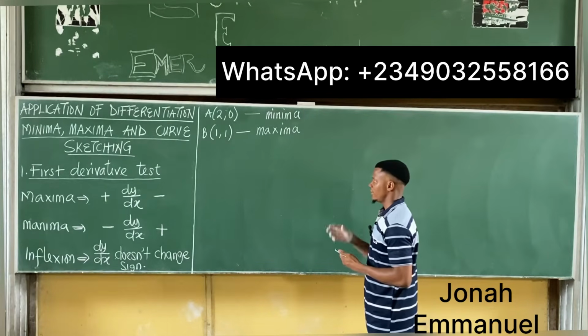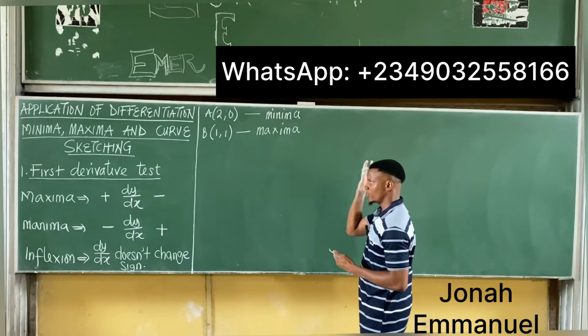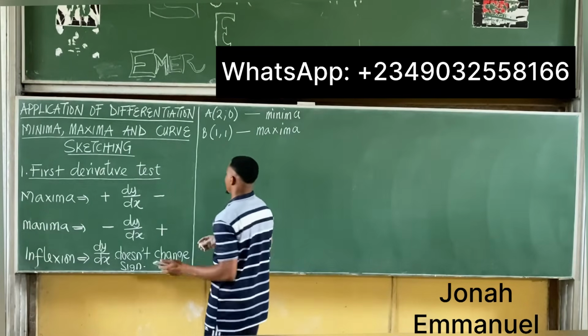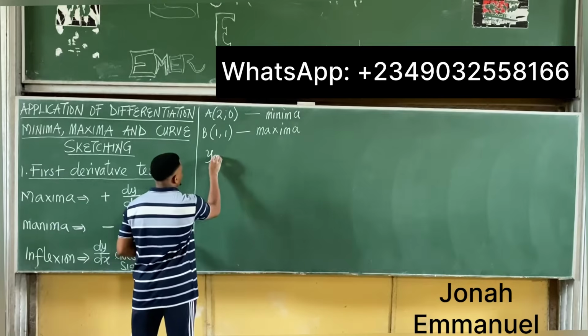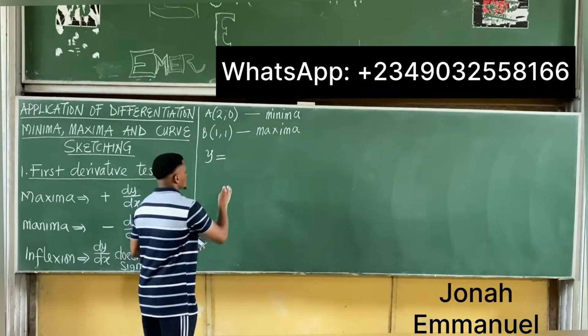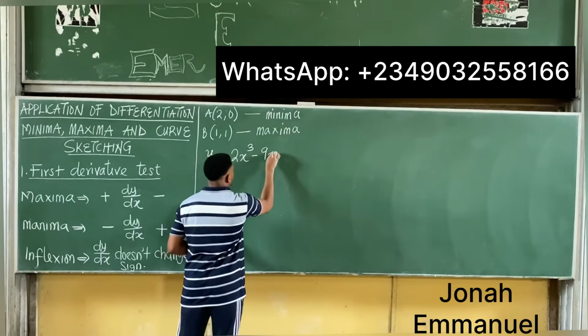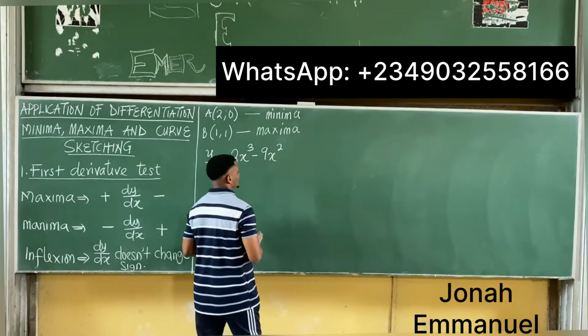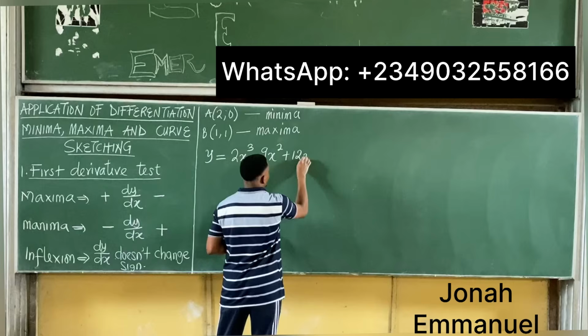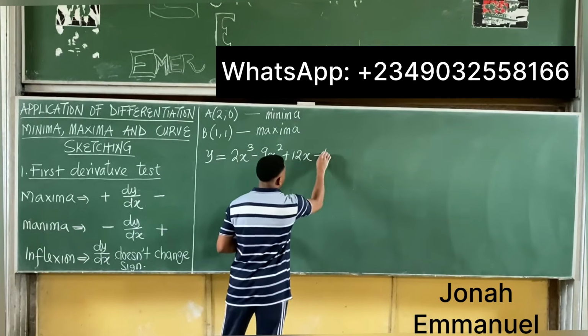The first thing here is to recall your equation. I was given that y is equal to 2x cubed minus 9x squared plus 12x minus 4.